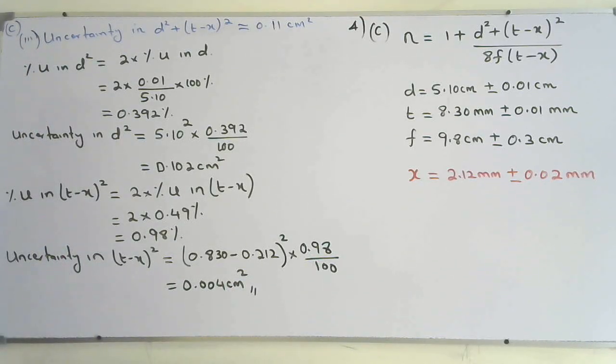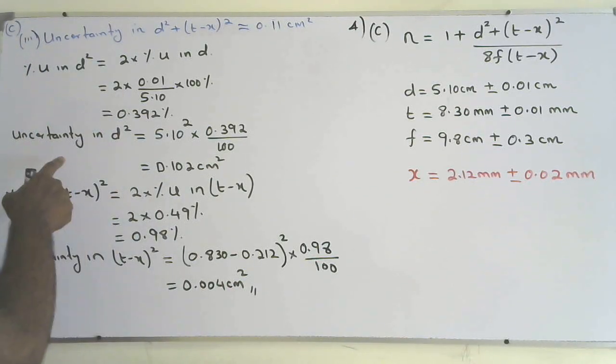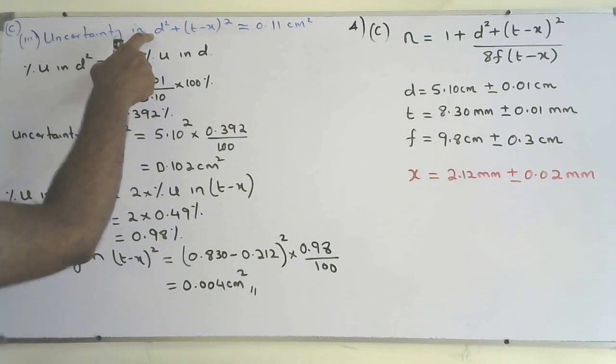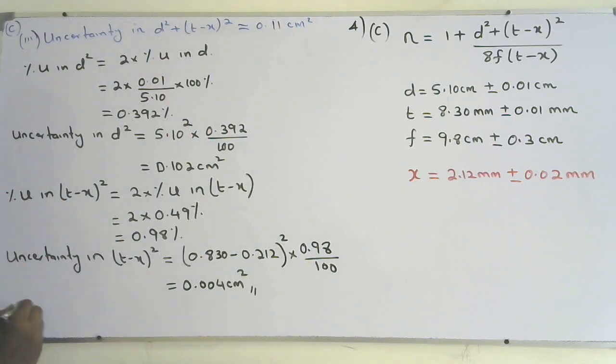Okay, so I know the uncertainty in t minus x, I know the uncertainty in d squared. I need to find the uncertainty of this value. How can I find it?